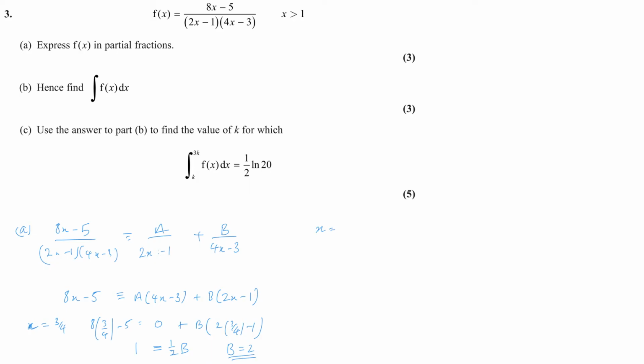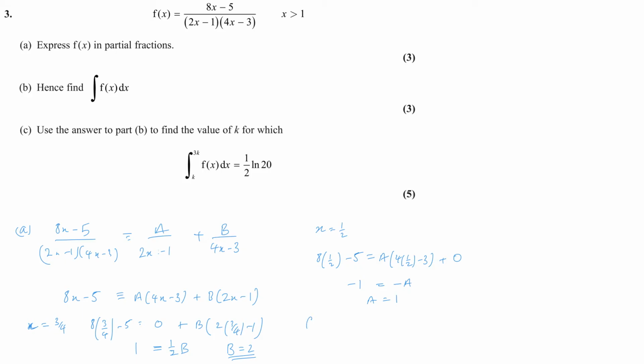And then let x equal a half, and that will get rid of the second bracket then. So 8 times a half minus 5 is equal to A times (4 times a half minus 3) plus 0. So 4 times a half is 2, 2 minus 3 is minus 1, so minus A. 8 times a half is 4, 4 minus 5 is minus 1, so A equals 1.